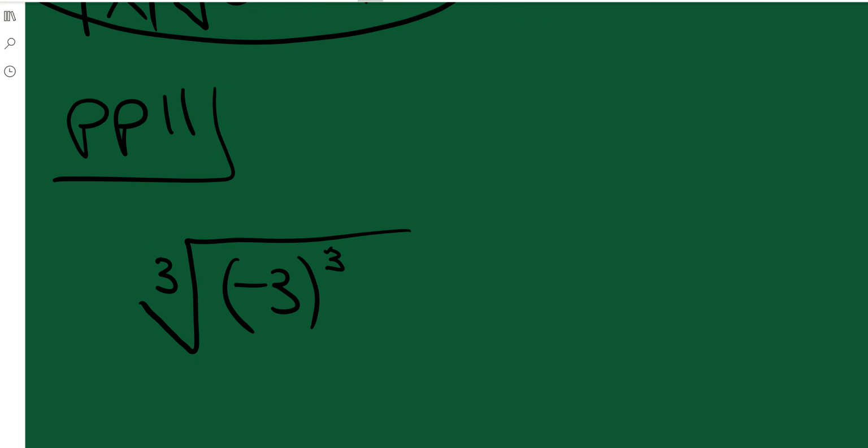Okay, here's practice problem 11. We have two of them basically, but they want to know what's the third root of negative 3 to the 3. And yeah, two different ways of looking at it. You can do my really expanded way where I'm expanding negative 3 to the third, which we know is negative 3 times negative 3 times negative 3, right?